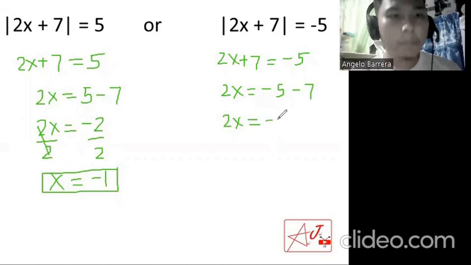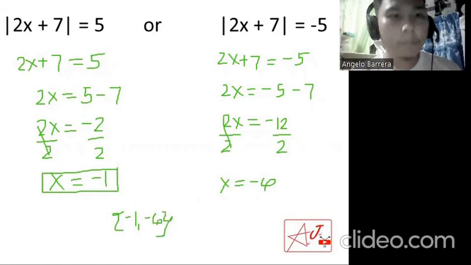So, that will be negative 12. And kagaya lang nitong kanina dito, since may numerical coefficient, we need to eliminate the numerical coefficient. And to do that, we need to divide both sides by positive 2, which is yung numerical coefficient ni x. And then, divide natin itong nasa right side. So, negative 12 divided by 2 is negative 6. So, therefore, ang solution set para sa isang ito ay negative 1, negative 6.